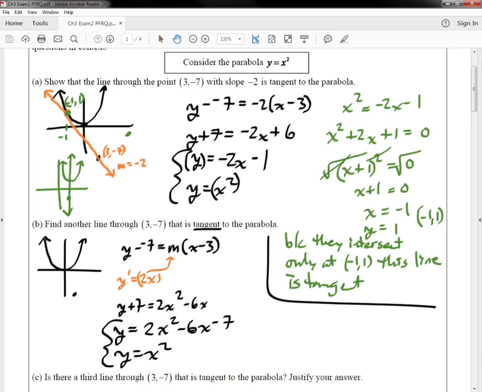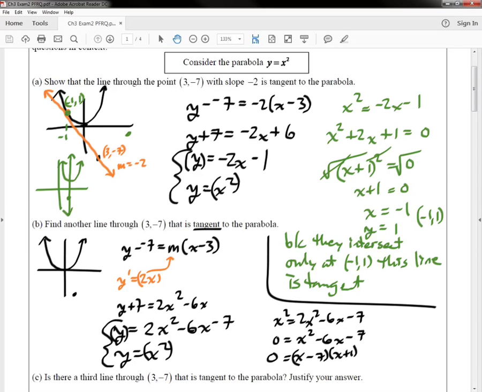Alright, so let's plug in that x squared to that y again. So now I have x squared equals 2x squared minus 6x minus 7. I subtract x squared from both sides because I need it to equal 0 so I can solve it. And then I see that and I can factor it. And so I get x minus 7, and then x plus 1.